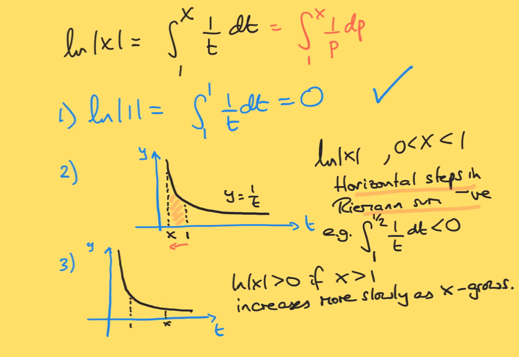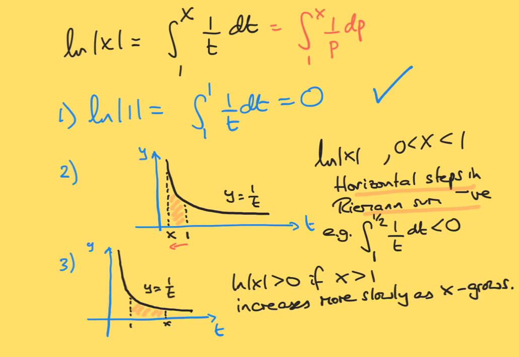And then we can also look at the same curve, y is 1 over t. And if x is greater than 1, then the integral does correspond to this area, and it's above the t-axis, so it's positive.